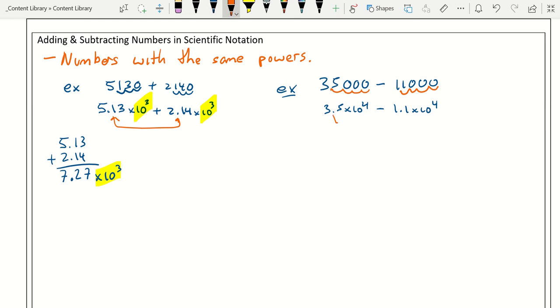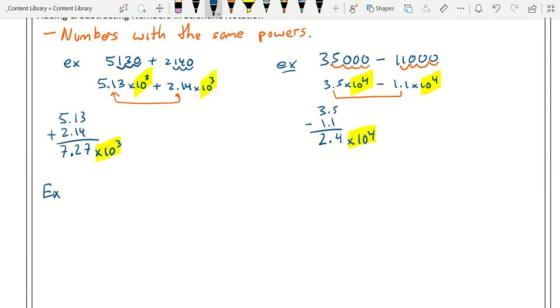So again, let's just deal with these. 3.5 minus 1.1. So 5 minus 1 is 4. Carry the decimal down. 3 minus 1 is 2. Once again, notice they both have the same powers, so we can just take that same power and write it next to our number. So 2.4 times 10 to the 4.